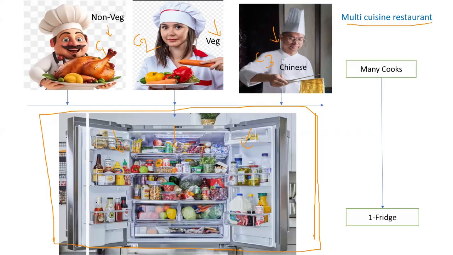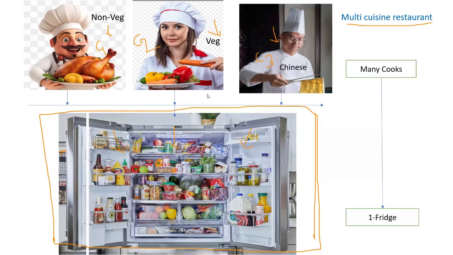Based on the order, he will go to the storage where the cooking items and ingredients have been stored, pick the wanted items, prepare the food, and serve it. Similarly, the veg chef and the Chinese chef do the same.